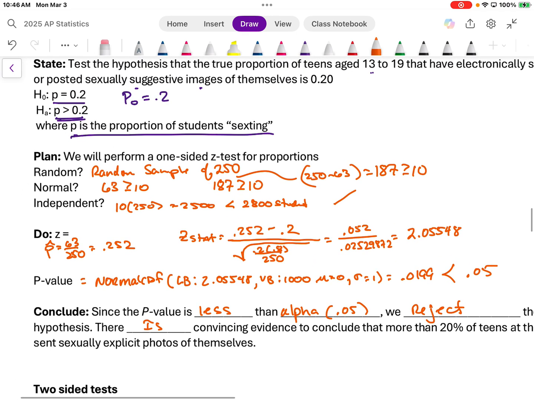Yeah, that was my bad on that one. That's how easy it is to make that mistake. So we should be doing 250 times 0.2. And if I looked at my notes, I'd see I did it that way too. 250 times 0.8. My bad. So again, that would be what, 50 and what's the other one?